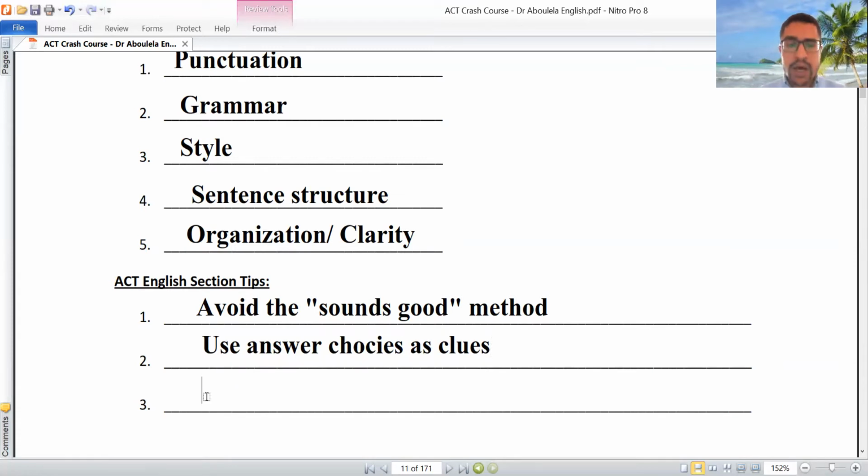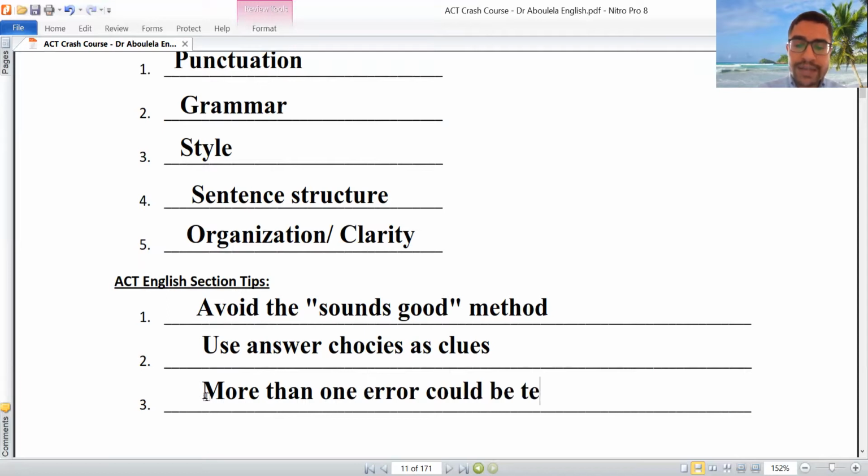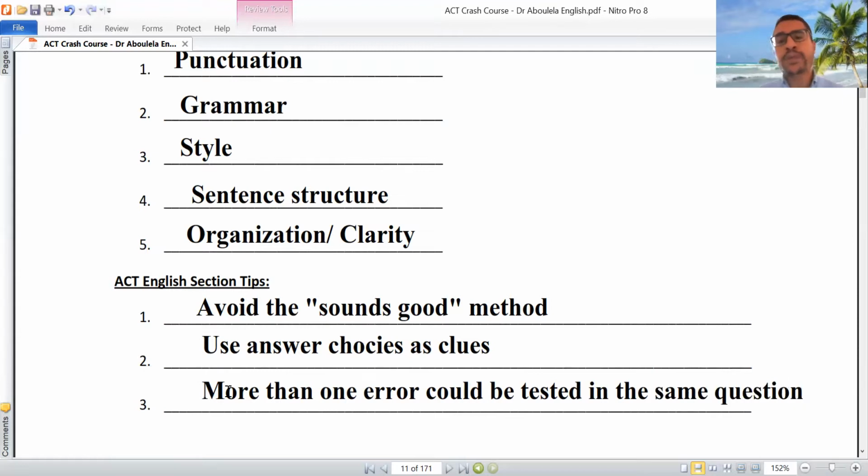And thirdly, and more importantly, more than one error could be tested in the same question. So what does it mean? Sometimes the question will ask about verb tense, but also it will ask for agreement.